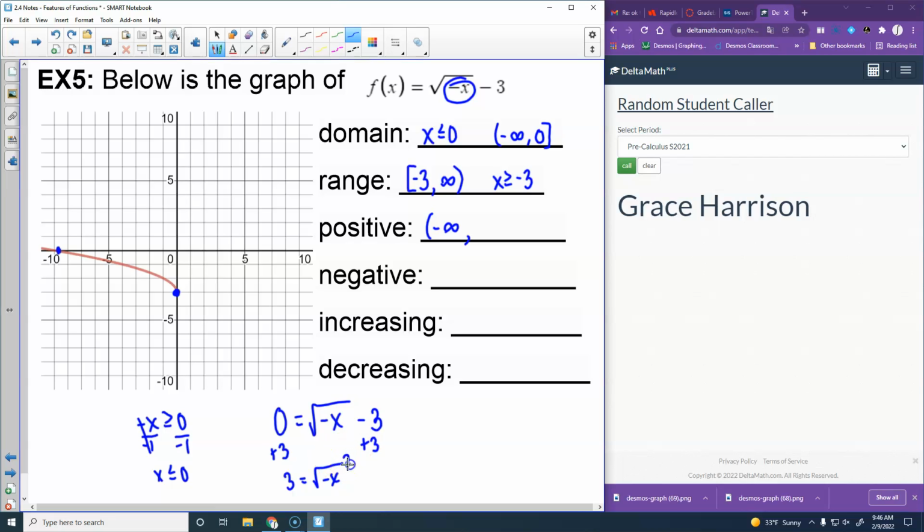We will square both sides, and we'll get 9 equals negative x. And then we'll divide by that -1. I'm going to tell you, I think my graph is off. Because it definitely does not look like it crosses at 9, does it?